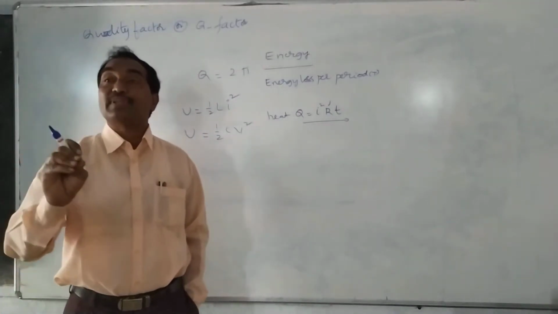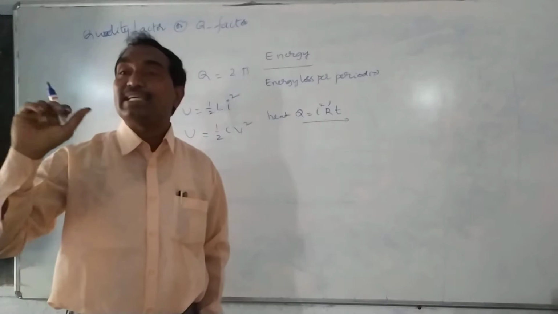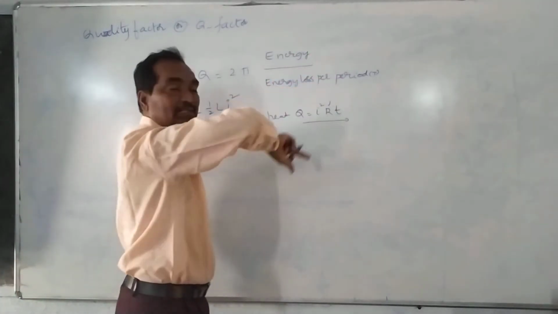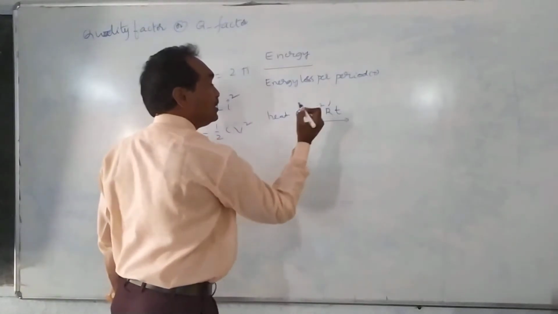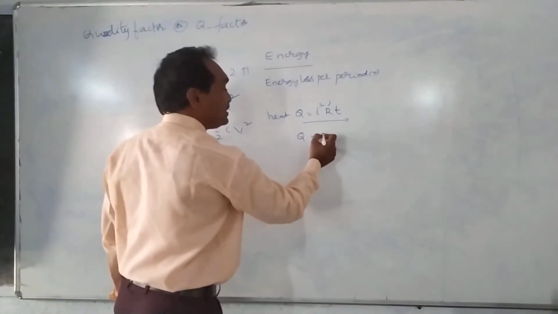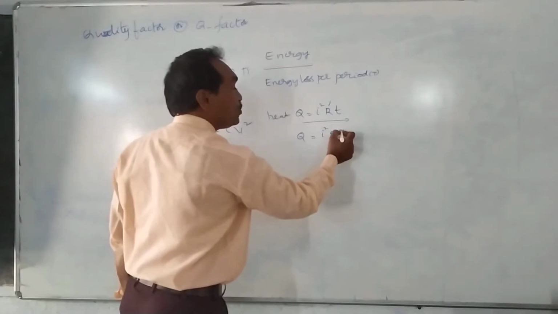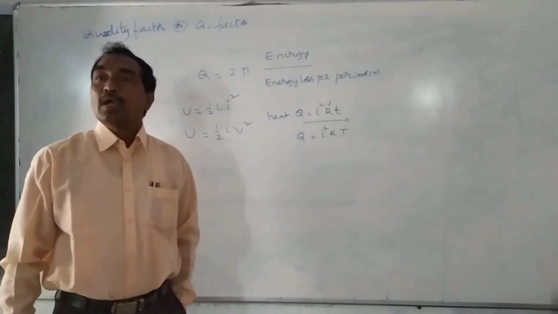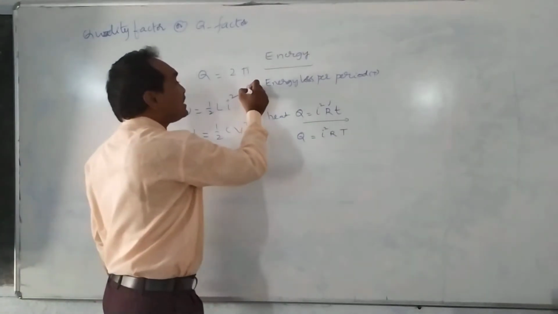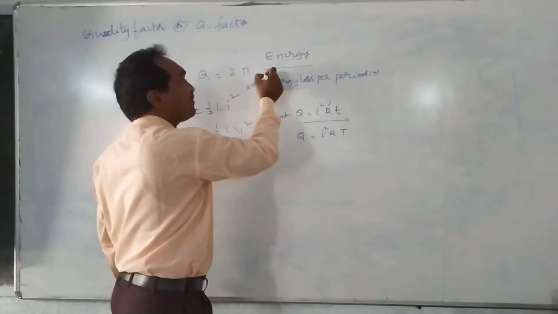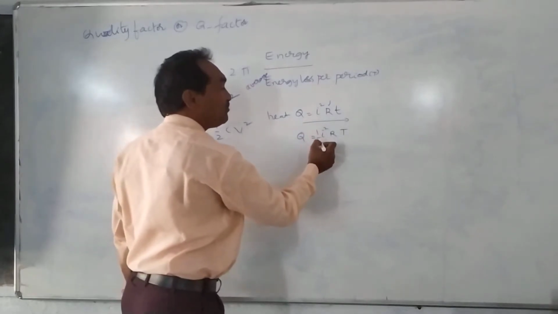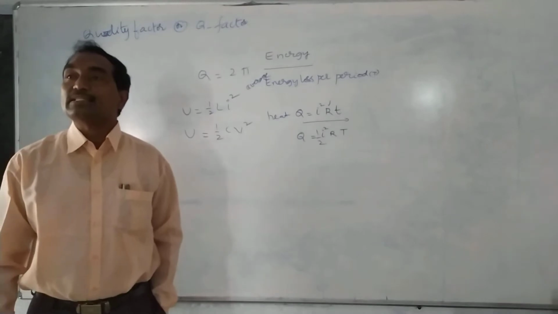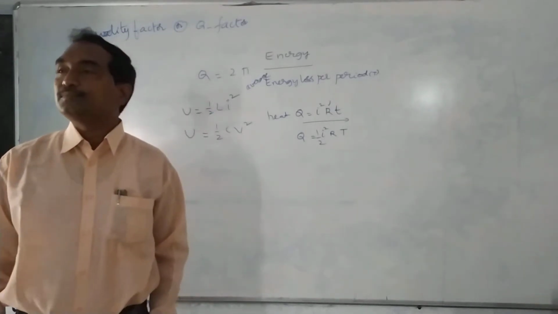What we require is the energy lost per period, in time capital T. So the energy lost per period is equal to I square R into T, because T is the time period. But if we require the average energy, the mean energy, that is equal to half into I square R T. That is the mean energy lost per period.